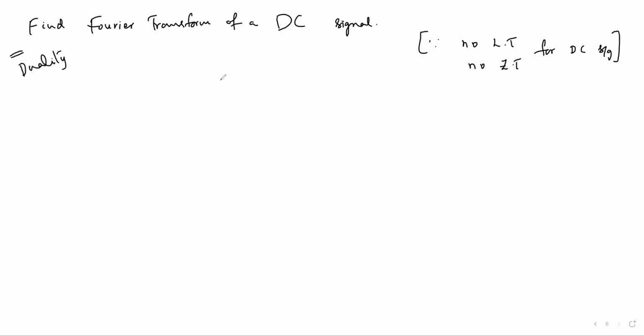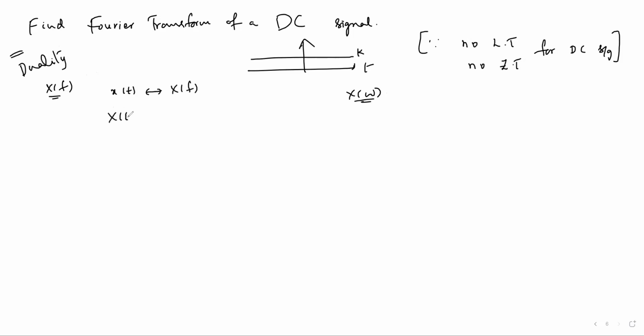So let us see the signal. DC signal means independent of time, having some constant value. What is the duality property? Let us see here. In X of f, find the duality property statement. Once again, I am writing here. In X of omega also I am writing.